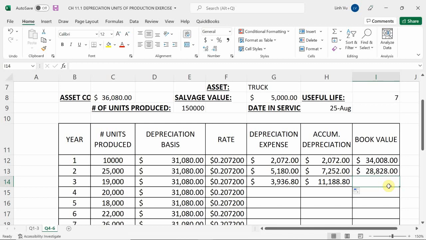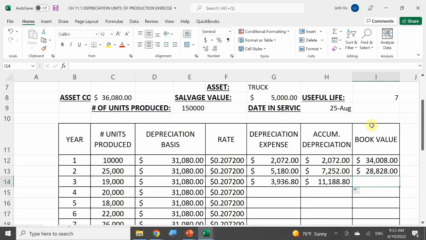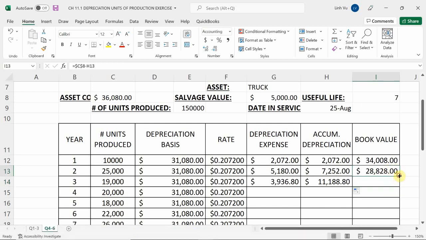Oh yeah, I don't know what I did there. Okay. 36,080 minus 11,188.20 is 24,891. Good. All right. Let's keep going.